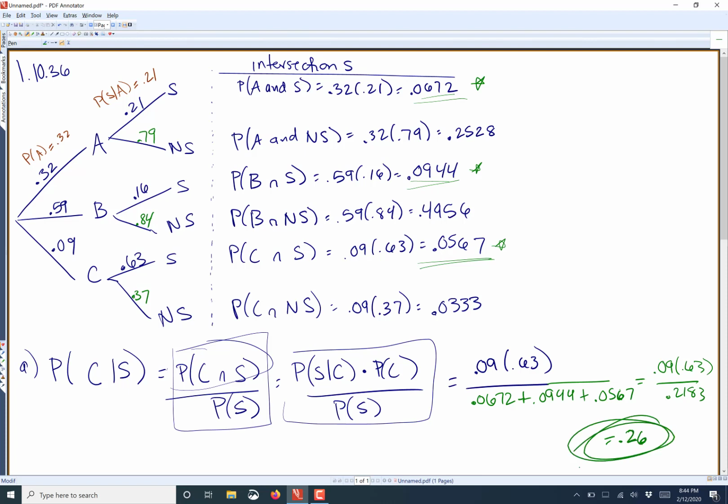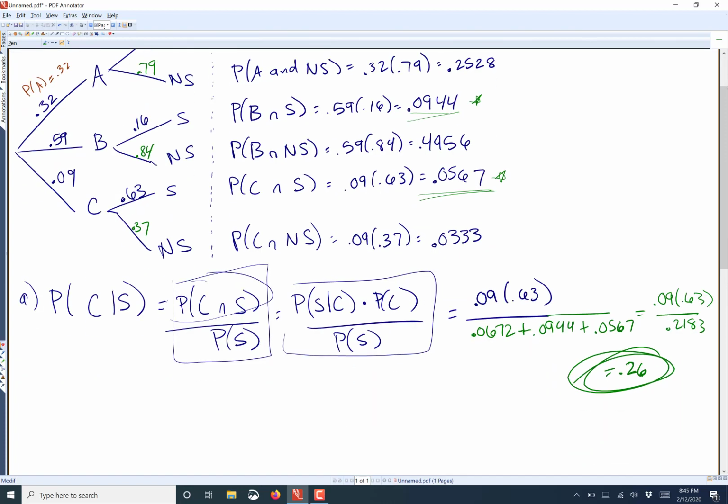So if you know they have symptoms, there's a 26% chance that they have strain C, which is interesting because strain C is such a smaller part of the population, but strain C is so much more likely to have symptoms. So if you have symptoms, your chance of having strain C goes from 9% all the way up to 26%.